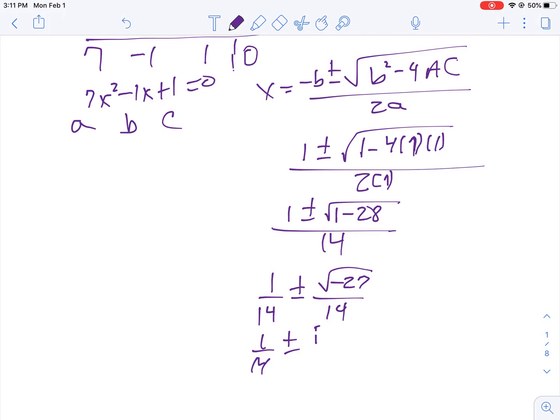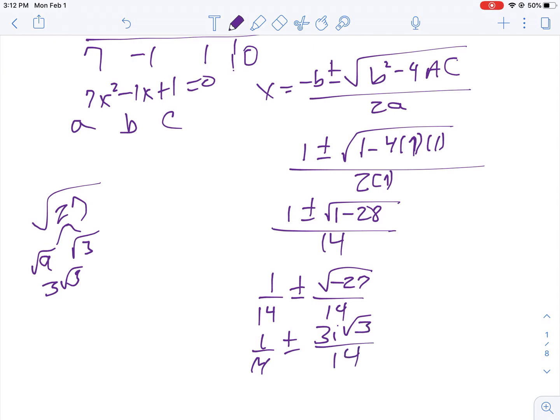I'm going to make a factor tree for 27. And you know, the square root of 27 is the square root of 9 times the square root of 3, so it's 3 radical 3. So I'm going to say 3i square root of 3, all over 14.